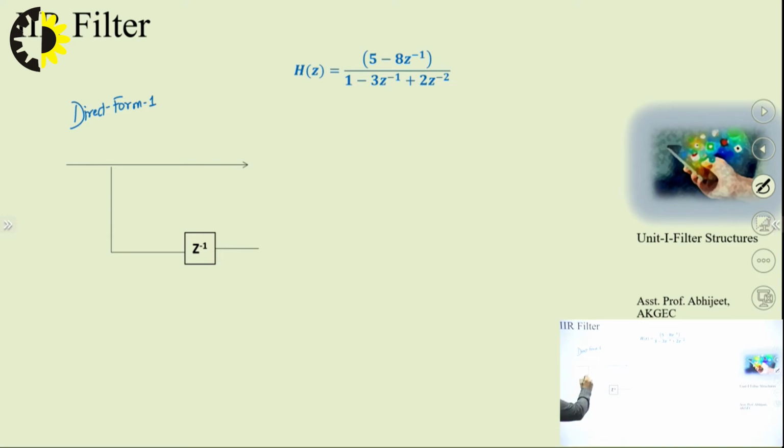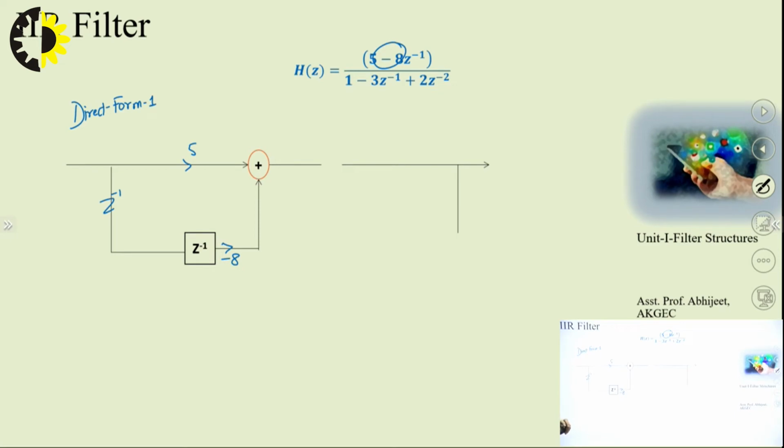That delay you can represent here or here. So I have represented it here, and we'll add it. This delay will be multiplied by minus 8 because the 0 is at minus 8 and the first coefficient is 5. And then we'll take feedback from output.